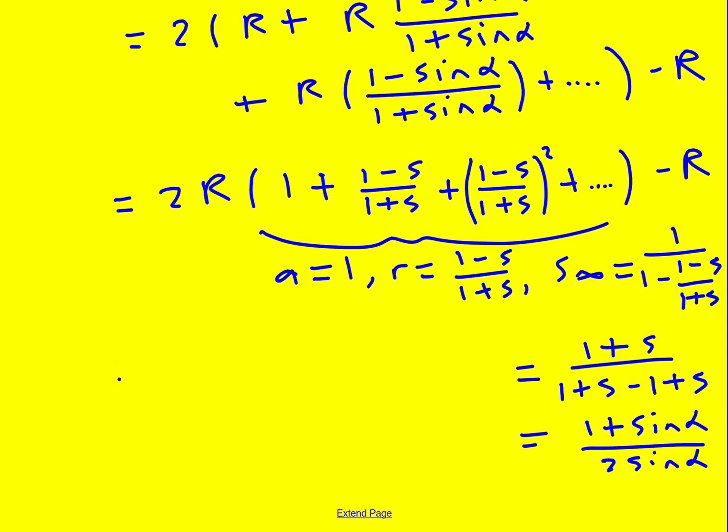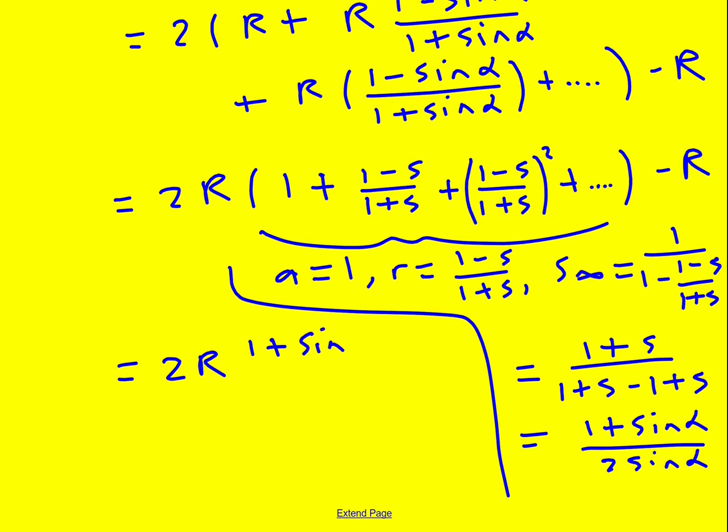So the full area is going to be 2R plus sine alpha over 2.